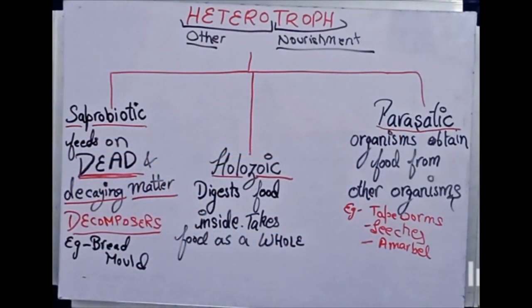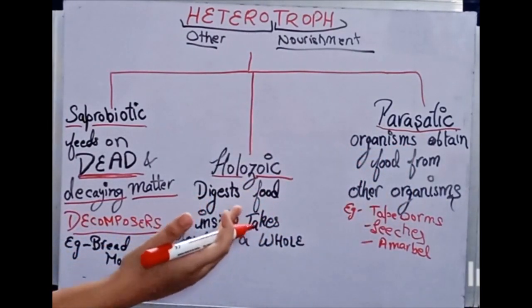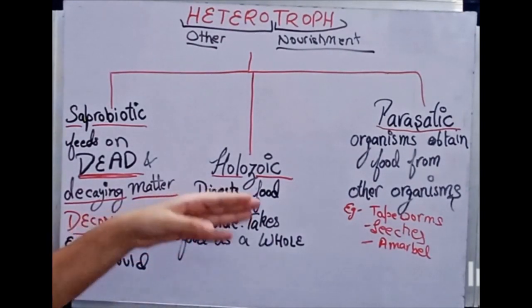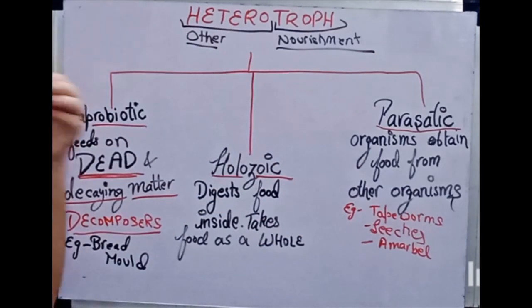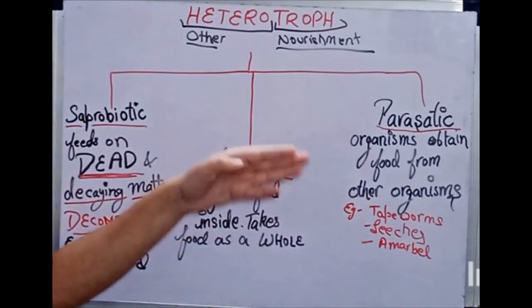So parasites are the organisms which obtain food from other organisms. They can't prepare their own food and thus they are present inside the other organism or on top of the other organism to obtain their food. Example, tapeworms, leeches and the amarbel itself.